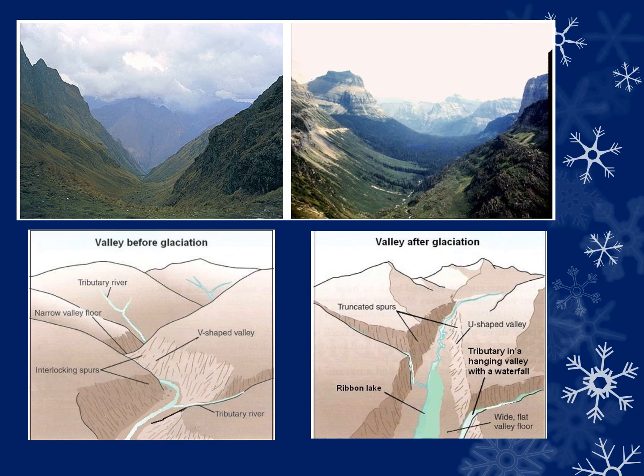We have truncated spurs, where those interlocking or zipping together bits have just been sliced off by the much more powerful glacier. And you would have a hanging valley. We can't see a hanging valley in this one, but as we could see in the one before, you'd have a hanging valley high up in the sides of the mountains, flowing into your main valley.